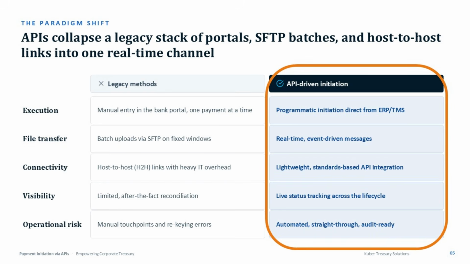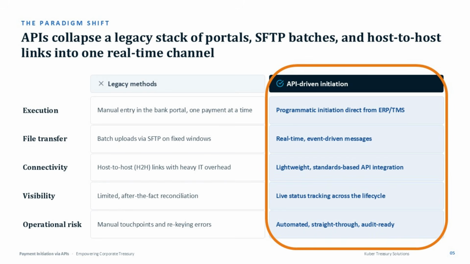The company can also receive status information back without someone having to log in to the bank portal and check manually. And because the same payment information can move directly from one system to another, there is less need to re-enter information. That can reduce mistakes.